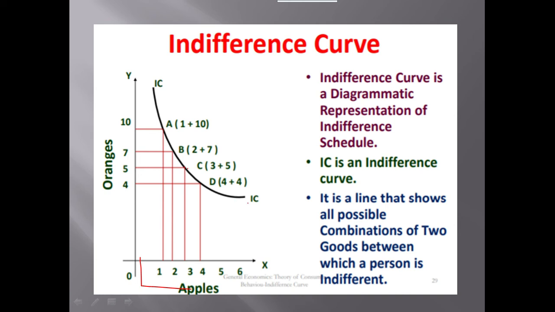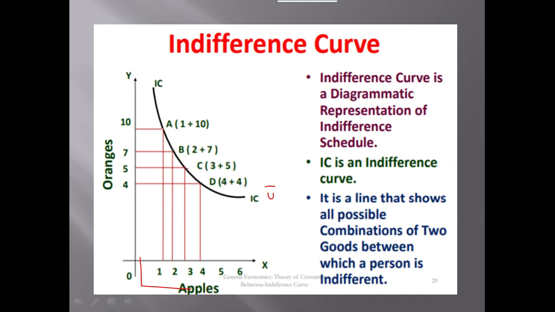Therefore, the individual is indifferent among all these combinations because all the combinations give the individual the same level of utility. Utility remains constant along the indifference curve.